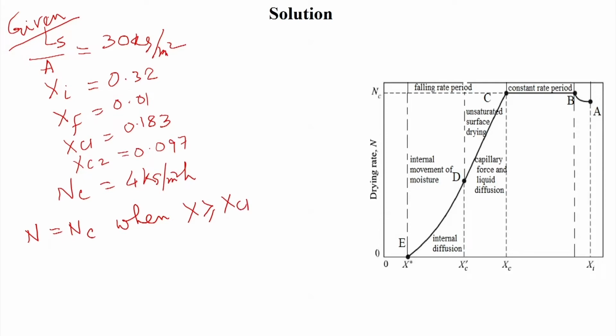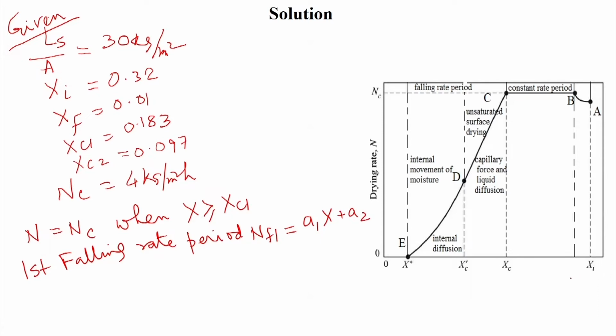For the first falling rate period, NF1 is linearly proportional to the x values, so NF1 is equal to A1 into x plus A2.